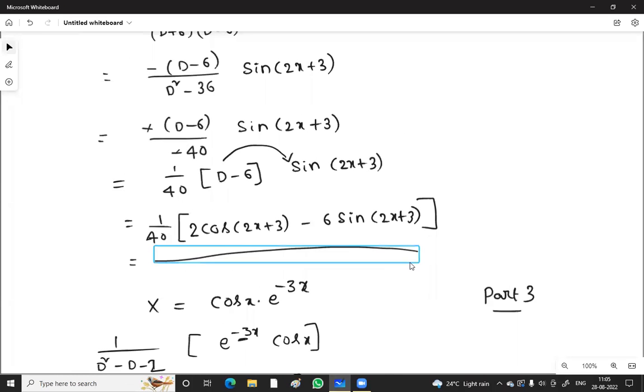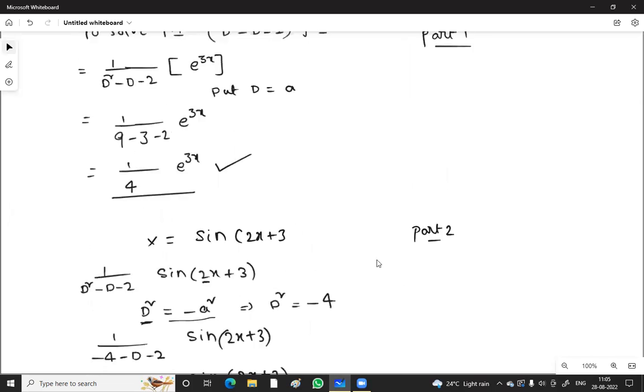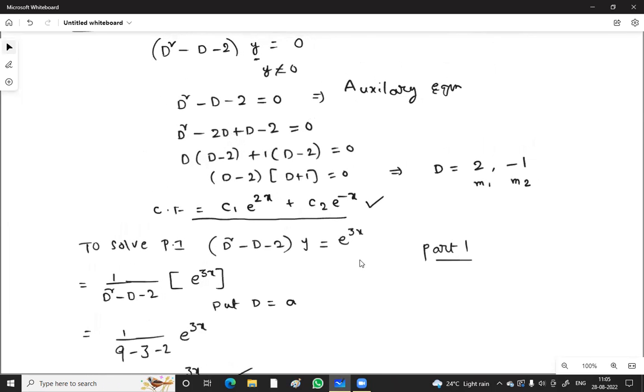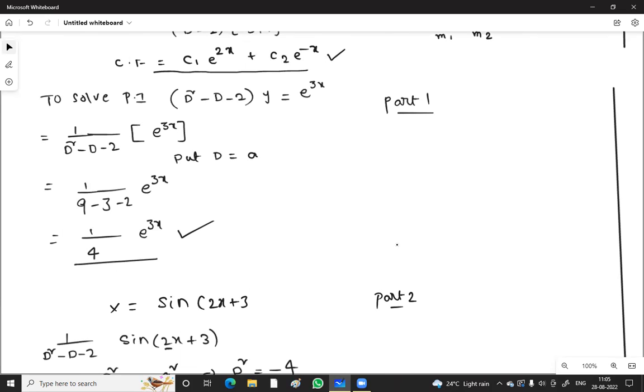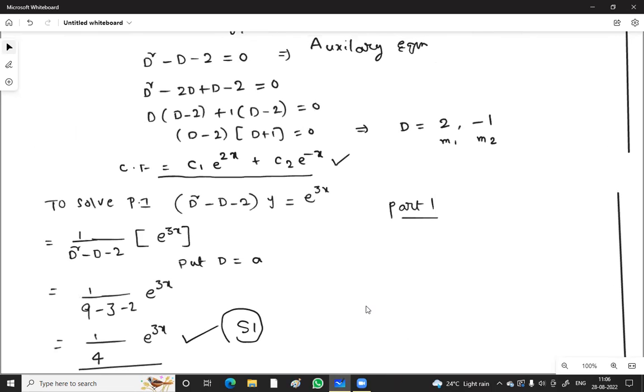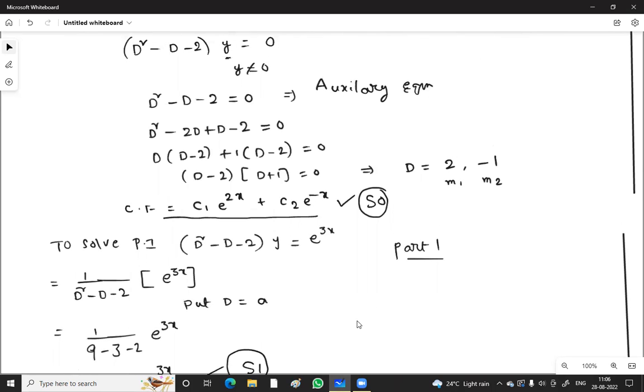This is the part 2 solution, S2. This is the part 1 solution, S1. And the complementary function solution is also there, let us say S0. It means your complete solution is equal to S0 plus S1 plus S2 plus S3 plus S4.